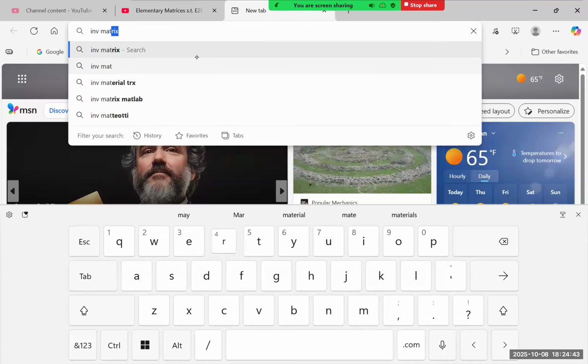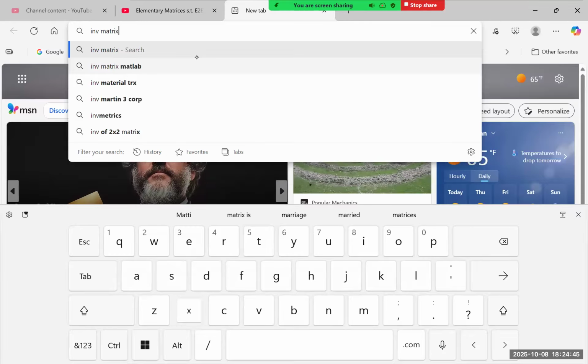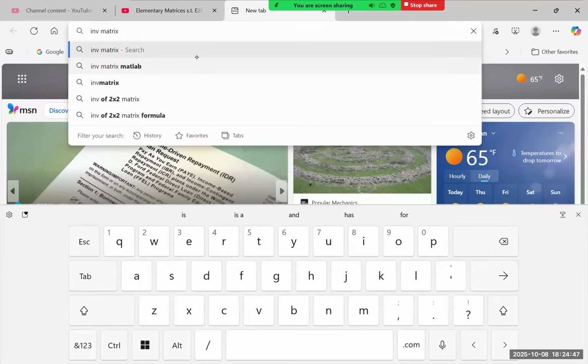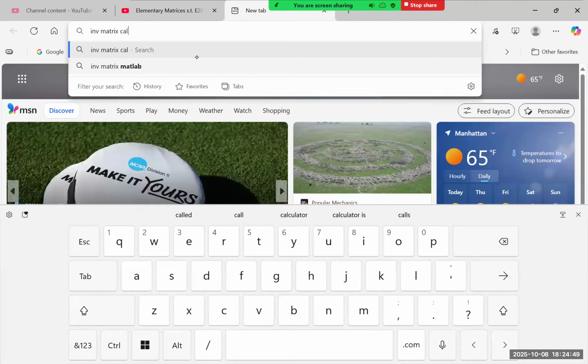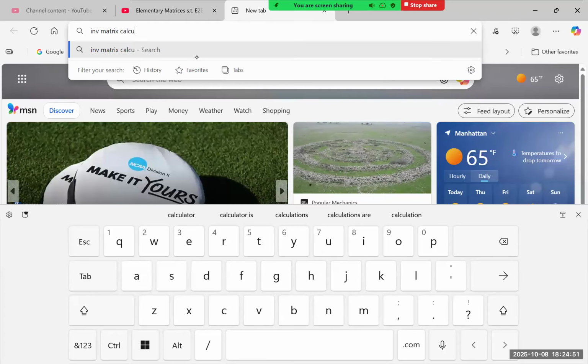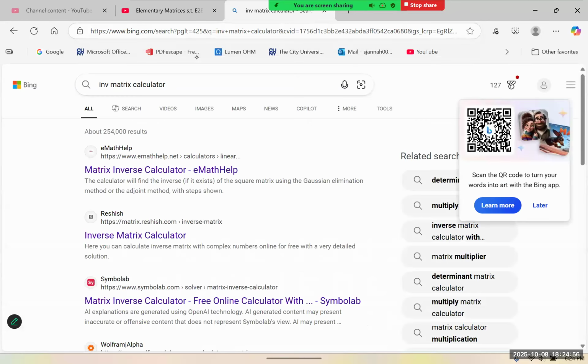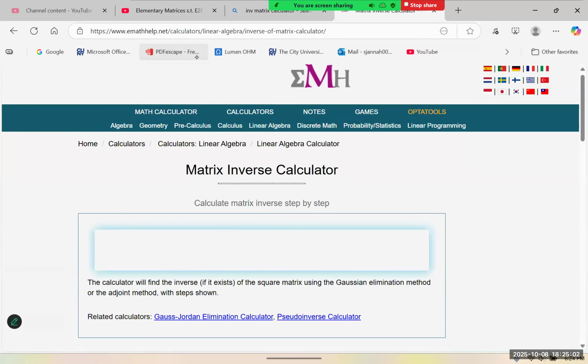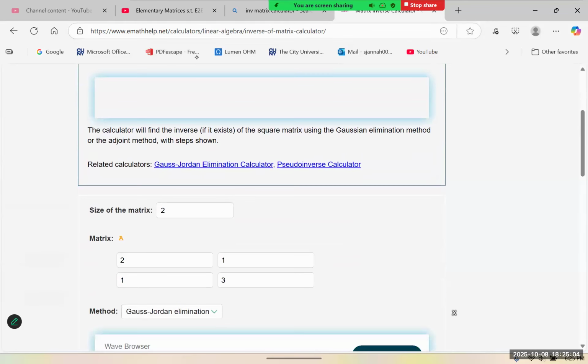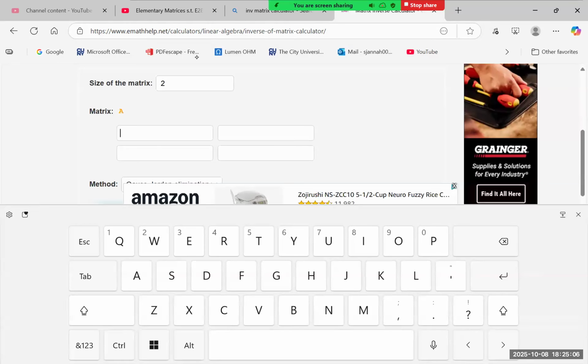Inverse matrix calculator. I don't have the answer, so I just want to make sure that I got the correct one. 3, 5.